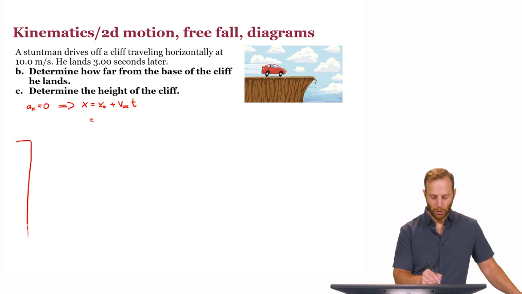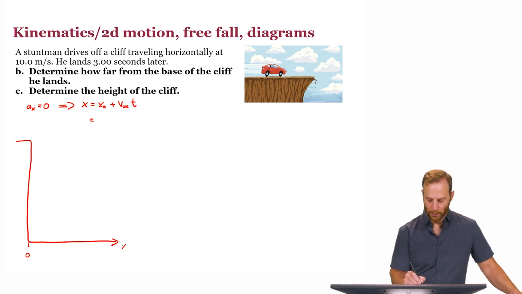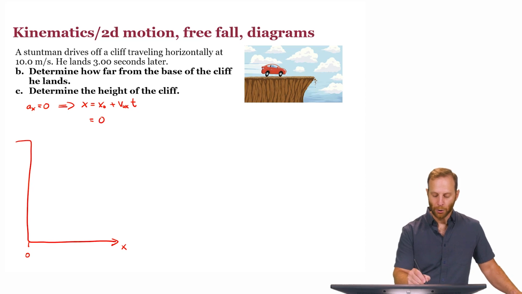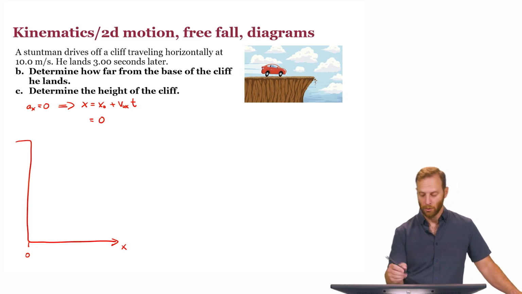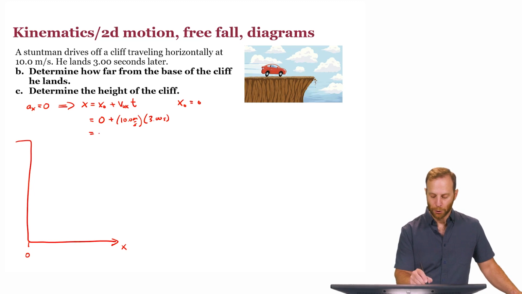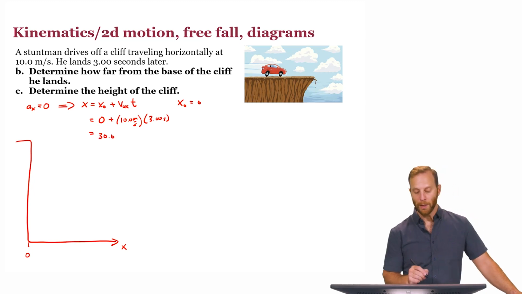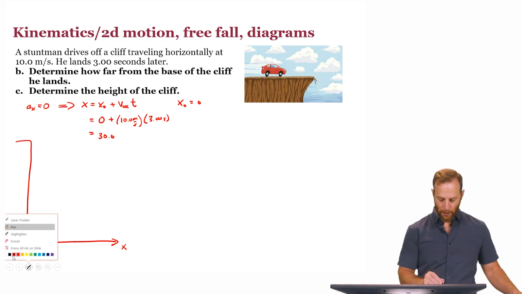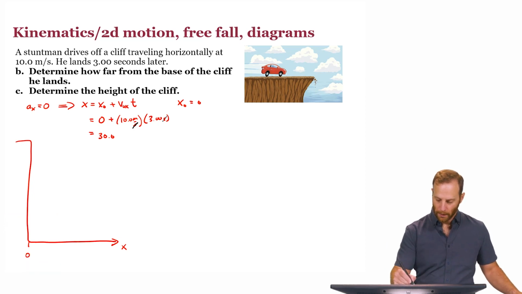If we use clever coordinates so that the base of the cliff is at 0, then we can choose our initial coordinate to be 0. That's a choice we're allowed to make. The x velocity is unchanging and remains 10 meters per second. The time is 3 seconds, and so the final position should be 30. Notice the meters per second times seconds gives us units of meters. So the position where the car lands should be 30 meters.